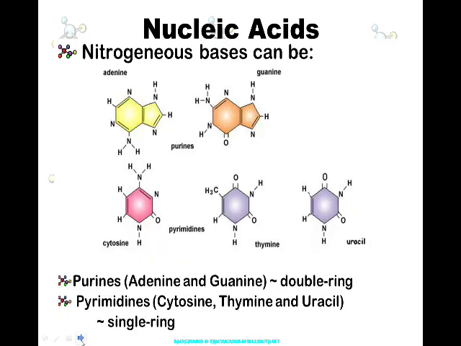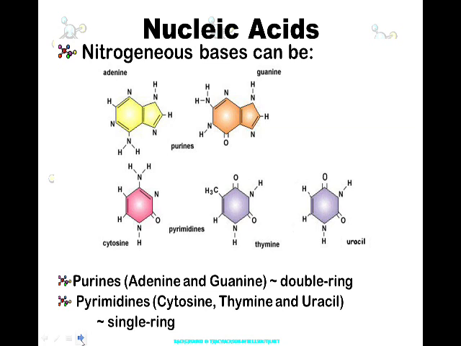The nitrogenous base choices I have for making DNA or RNA are the purines, two-ring shaped molecules, the purines adenine and guanine, or pyrimidines. Pyrimidines have a one ring structure.